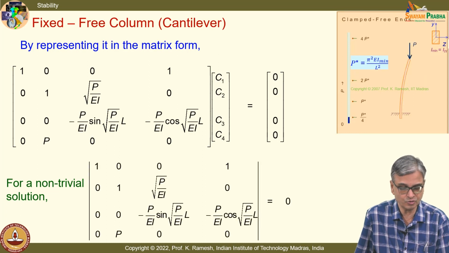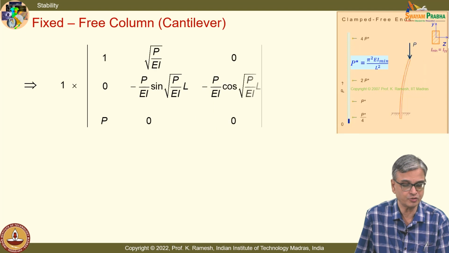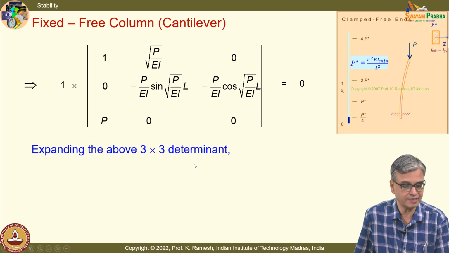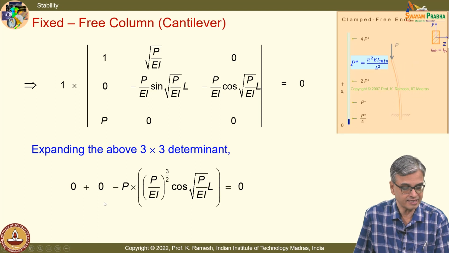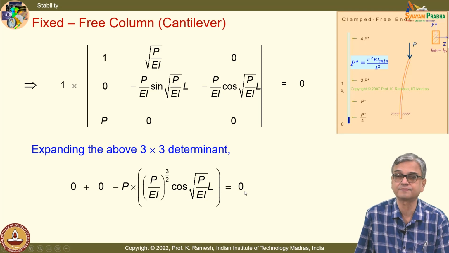and we can evaluate this determinant in stages. I think it is shown. Okay. So, you can expand the above 3 by 3 determinant. I get this as 0 plus 0 minus P multiplied by (P by EI) whole power 3 by 2 cos of square root of P by EI multiplied by L equal to 0.